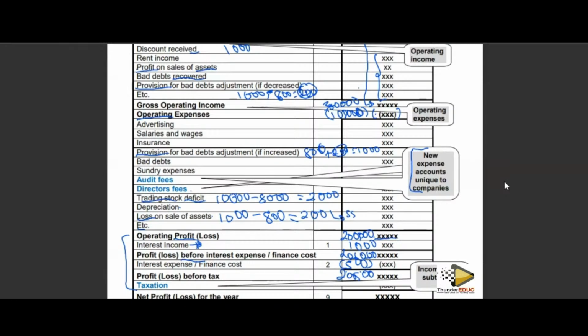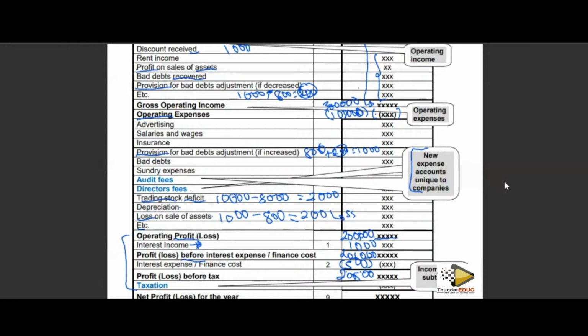Now, this is a profit or loss before tax, before we pay for the tax. Remember, a company must pay tax under its name. So taxation is an expense also. Income tax is subtracted.